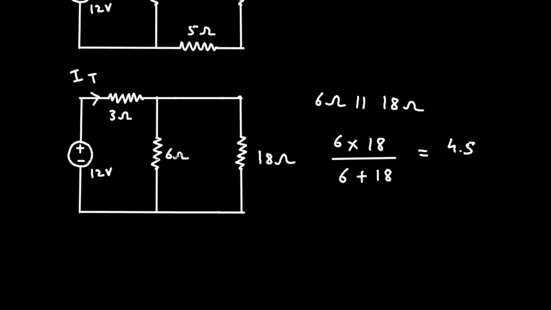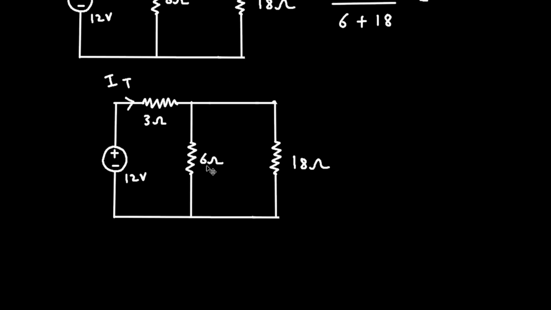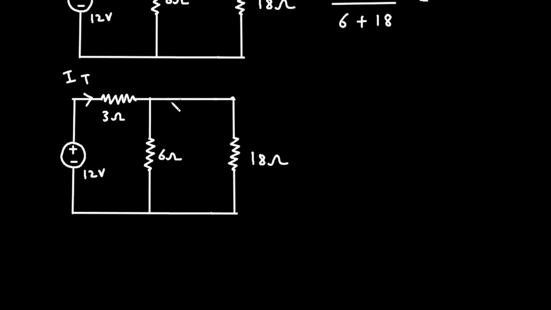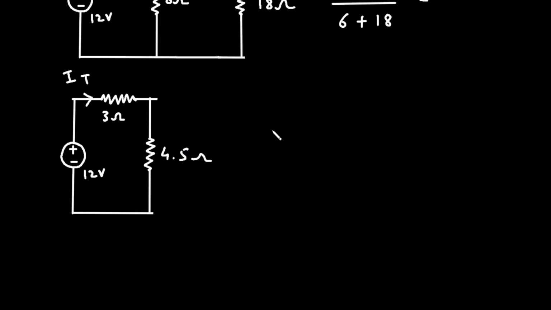Again, let's take this circuit. Now we can replace these two resistances by a single resistance of 4.5. So this will be 4.5 ohm. Now we can easily find the value of IT. IT is equal to V upon R. Here the value of V is 12 and the value of resistance will be 3 plus 4.5.